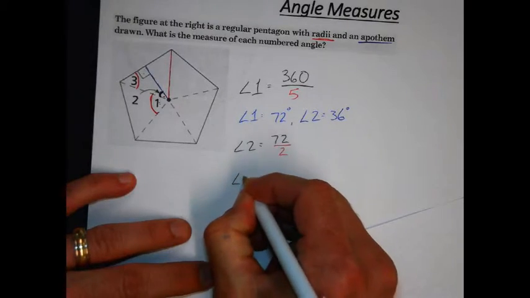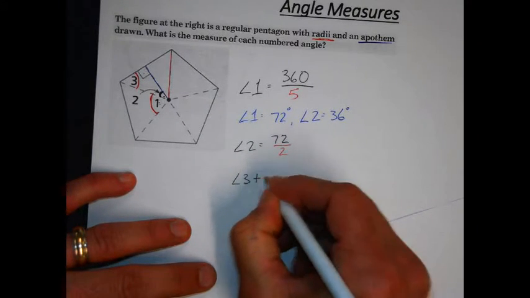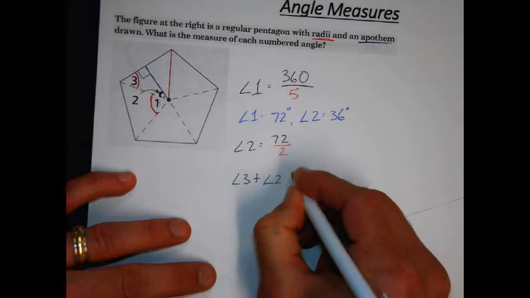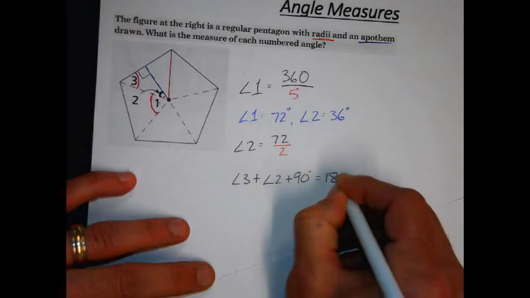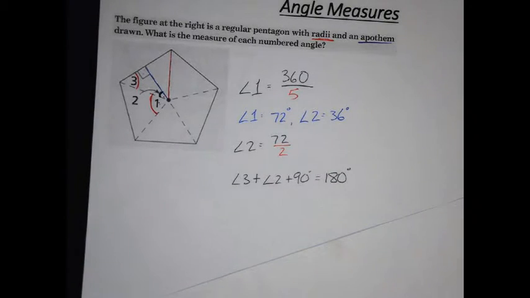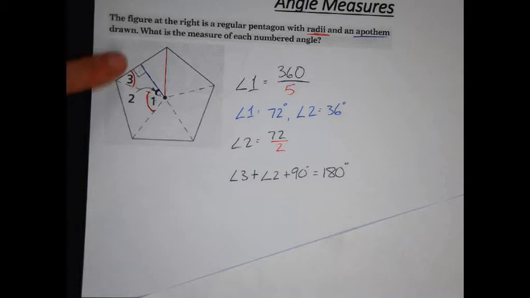So angle 3 plus angle 2 plus 90 degrees gives us all 3 interior angles of a triangle.